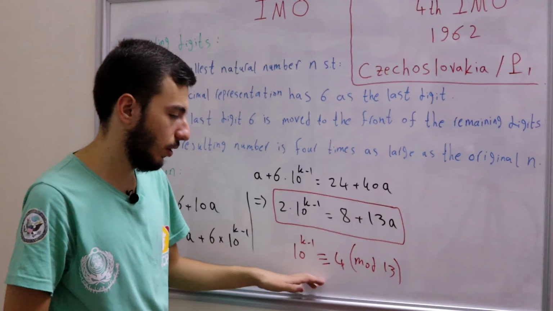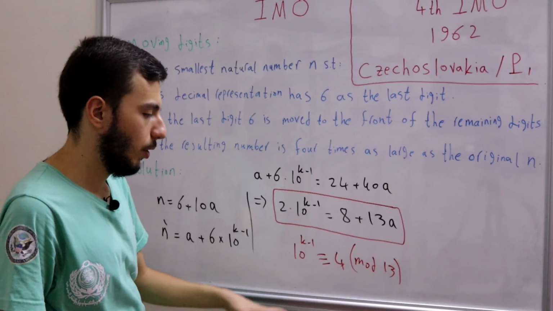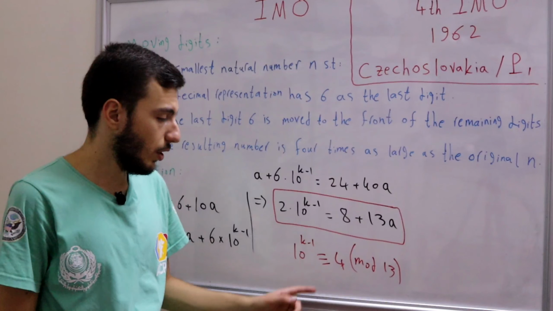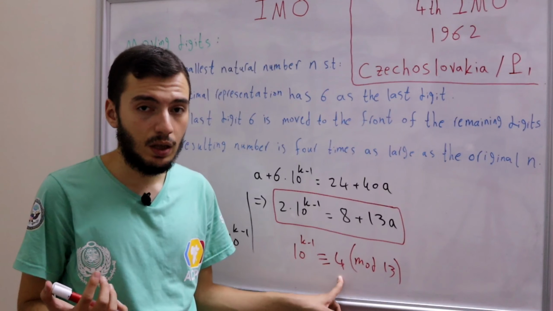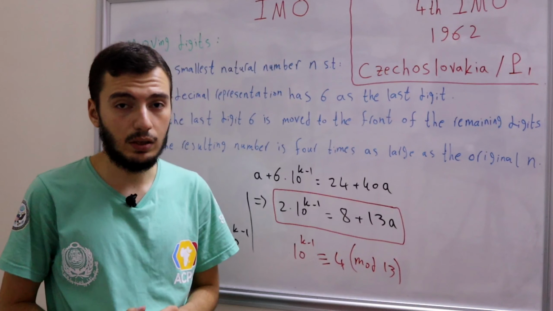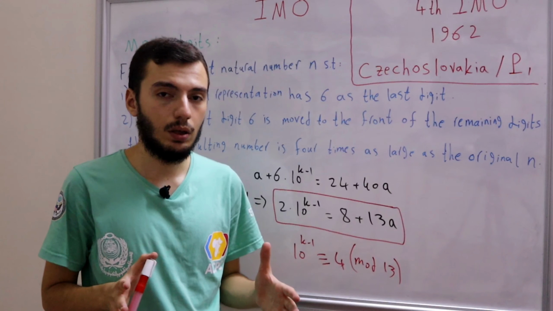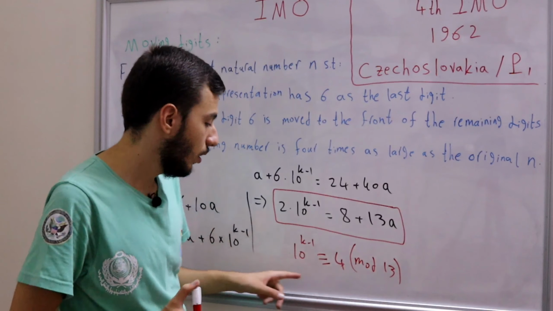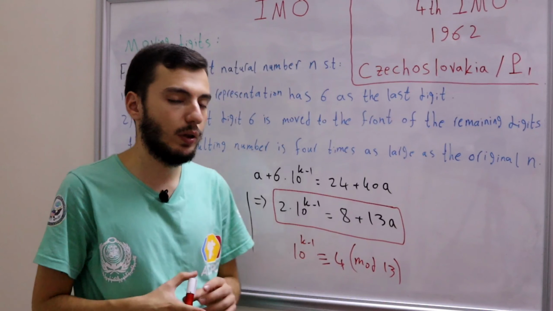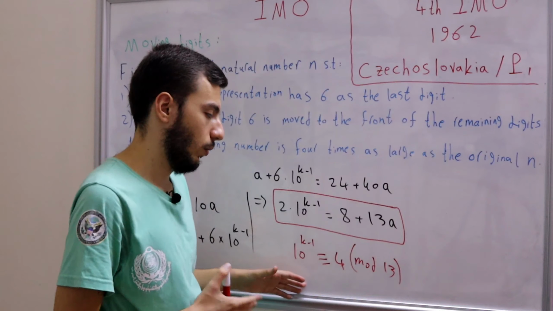Alright, so now how can we deal with this thing here? 10 to the k minus 1 is congruent to 4 modulo 13. If instead of 4 we had 1, then this is really great. Why is that? Because we have the order, which means that the order of 10 modulo 13 divides k minus 1. This is a really famous result in number theory.